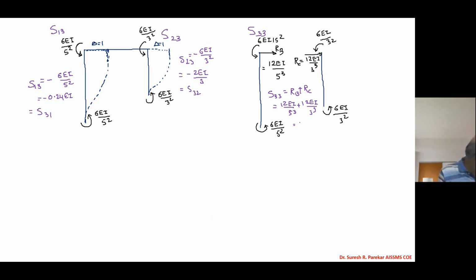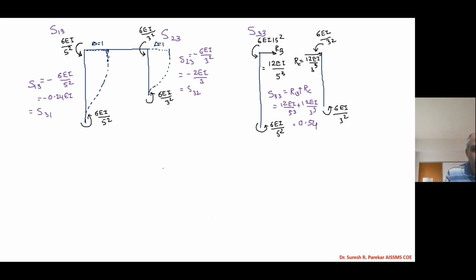If we solve these values, we get 12 by 5 cube plus 12 by 3 cube, and we will have this as 0.54.